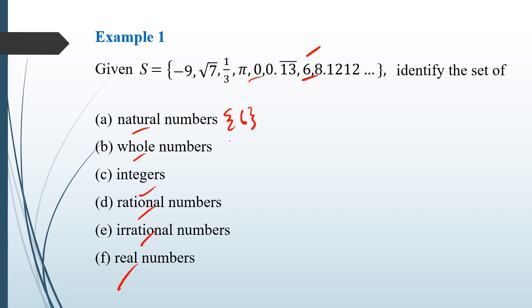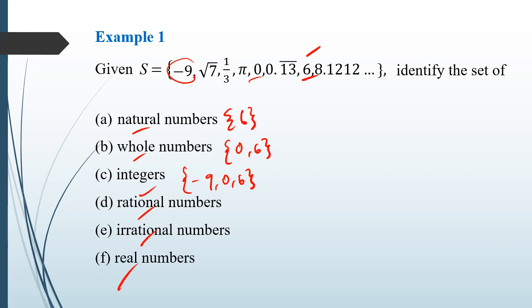How about the whole numbers? Then we can include 0. And then integers, the values where we have negatives, so include negative 9. So it should be negative 9, 0 and 6, including the whole numbers. And then the rational numbers, the ones that we can write as a fraction, terminating decimal or repeating decimal. So which one?